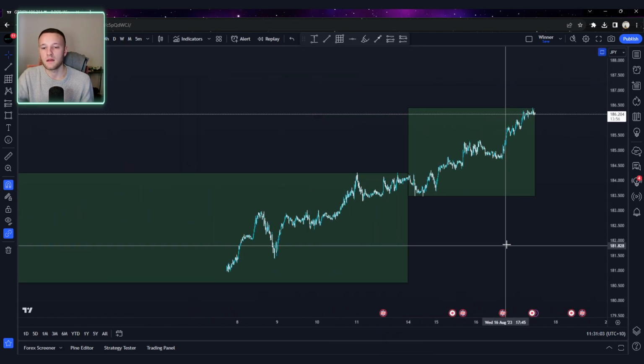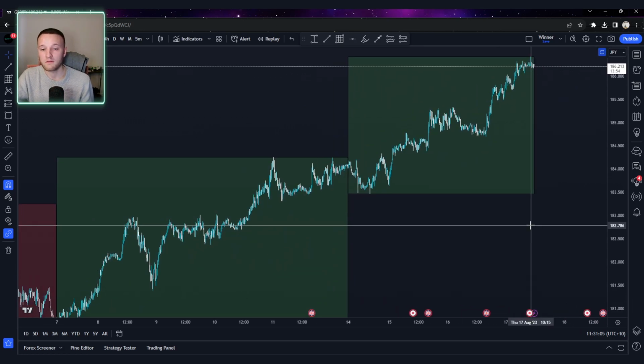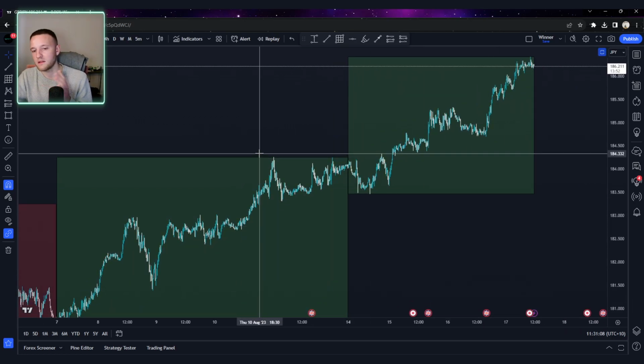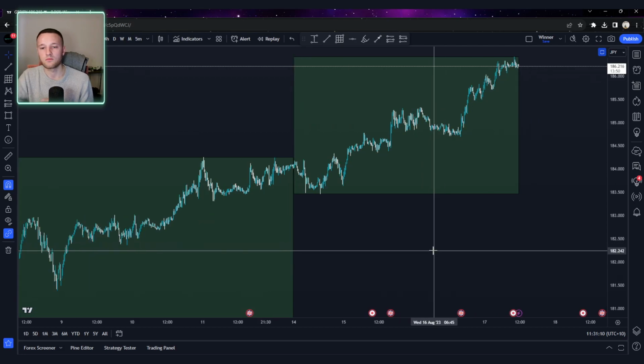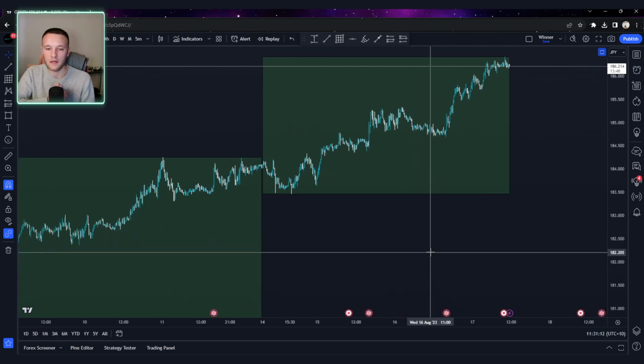You could be keeping an eye on the higher time frames to see how the candles are closing, the highs and the lows, etc. And this could really help you start to make better decisions and understand when to get in a trade, when to get out, when to not enter a trade. Really understand how these pairs are moving and how the higher time frame is all lining up with the lower time frame to give you better entries, better exits, better take profits, and a better overall understanding of the market.